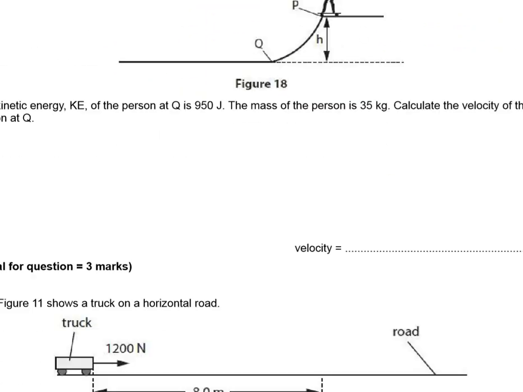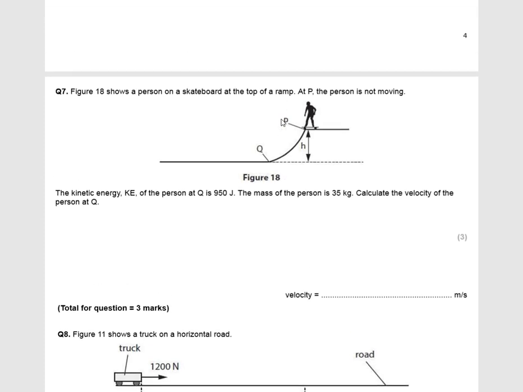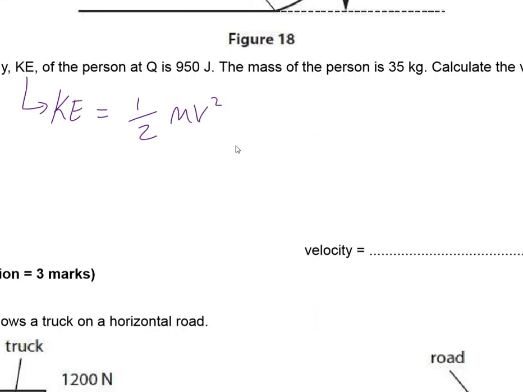Let's keep on moving. Now this one's kinetic energy. We need to be careful with this one. Kinetic energy is half mv squared. There's a squared on the velocity, the speed. Now we need to rearrange this. We have a half here.